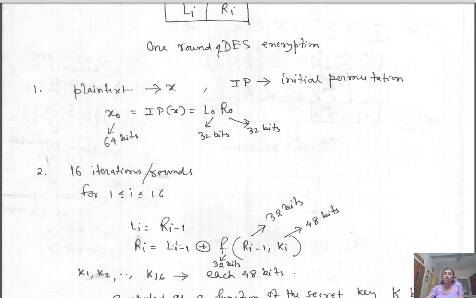Li minus 1 and Ri minus 1 are each 32-bit strings, so the F function's output should be 32 bits, otherwise this XOR will not be defined. So the F function gives you a 32-bit output, taking two inputs, one 32-bit and another 48 bits.